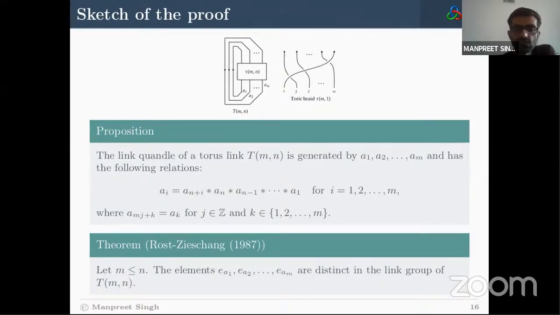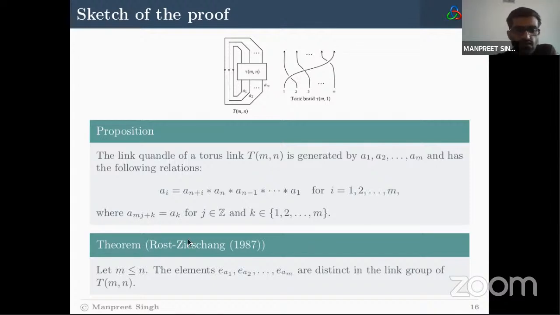So here is a brief sketch of the proof. Let tau mn denote the stack of n copies of the toric braid tau mn 1, and we take the closure, which gives us the torus link T mn. Now one can easily check that the link quandle of torus links has a presentation where the generators are a1, a2, ..., an, and these are some relations.